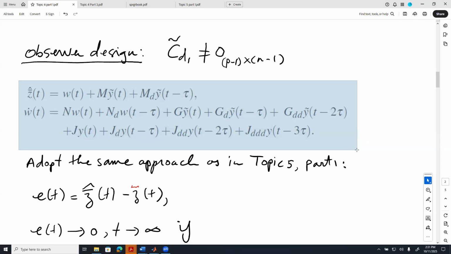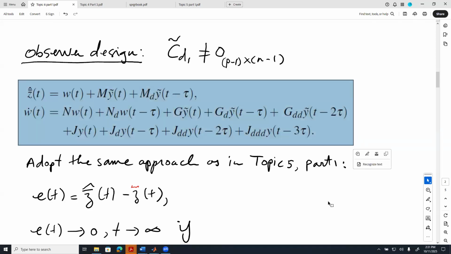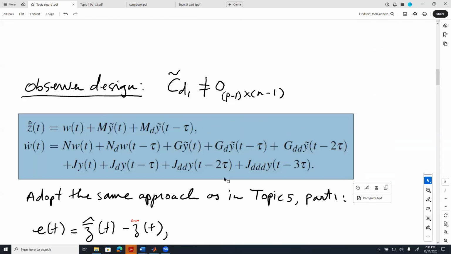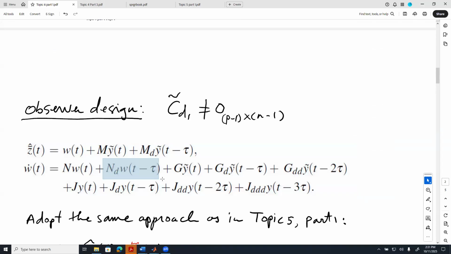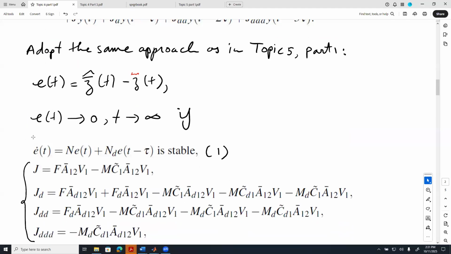In this presentation, we propose this structure, which is general enough to demonstrate the method of estimating the generalized functional. Of course, if we make this term 0, it becomes an observer without an internal delay. In that case, the error dynamic equation depends on matrix N only, and if N is stable, it will be independent of the time delay.